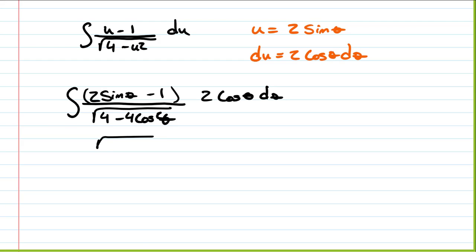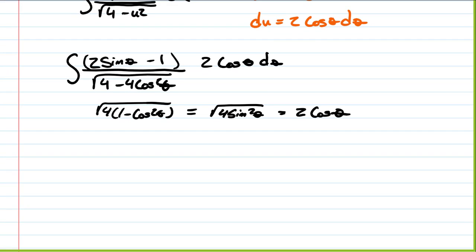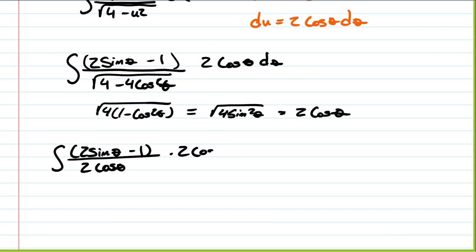So this is the square root of 4 times 1 minus cosine squared theta, which is going to be the square root of 4 times sine squared theta, which is going to give us 2 cosine theta, which is very nice, because now when we substitute that into our integral, we have 2 sine theta minus 1 over 2 cosine theta times 2 cosine theta d theta.